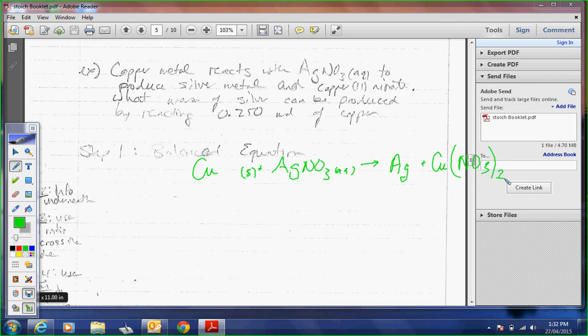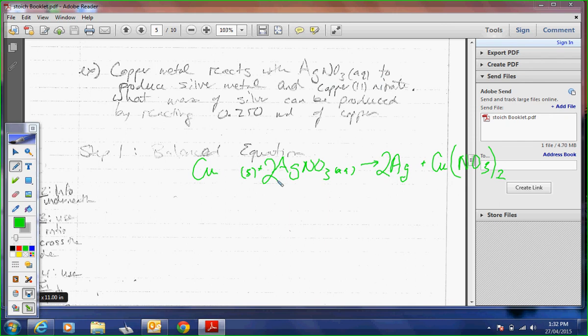Nitrate is a 1 minus. So therefore, I need a little 2 there. Okay, and then we need to balance it. Emilio, you're on. You need 2 in front of Ag and 2 in front of AgNO3. All right, everybody? Is that now balanced? Good.